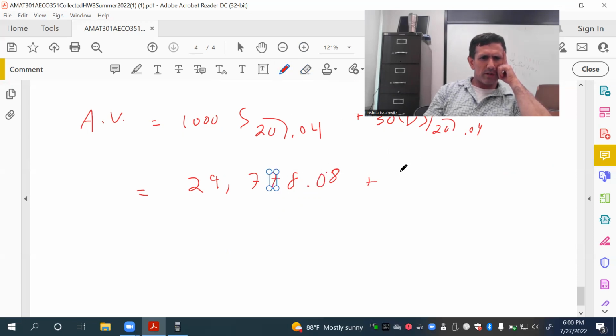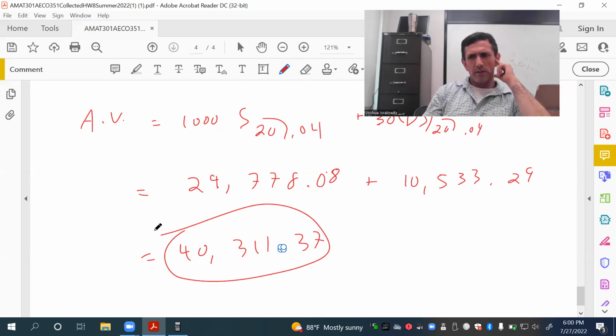And the next one you dump into your calculator, 10,533.29, for a grand total of 40,311.37. I wrote that backwards. All right, so hopefully that makes sense.